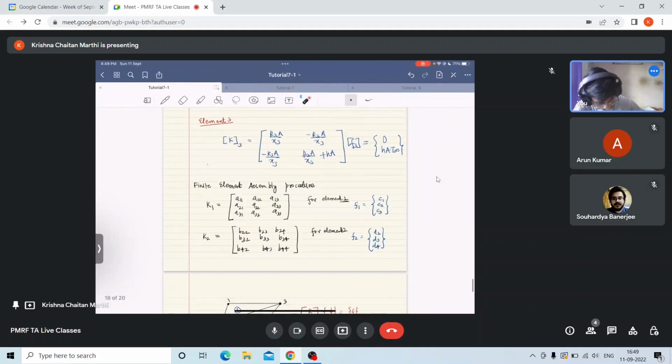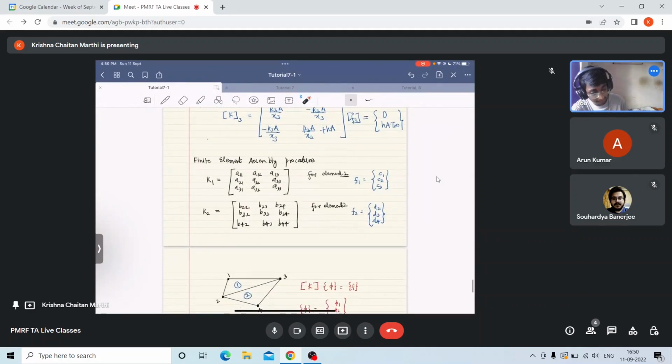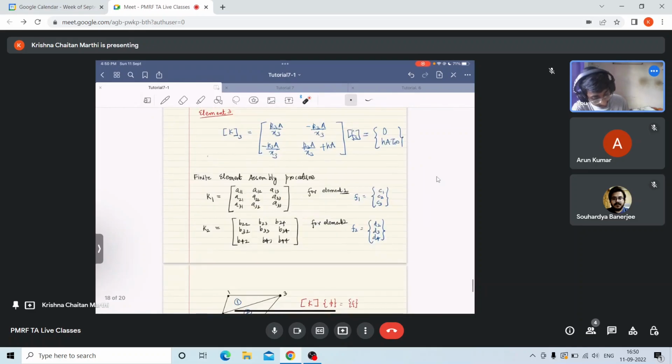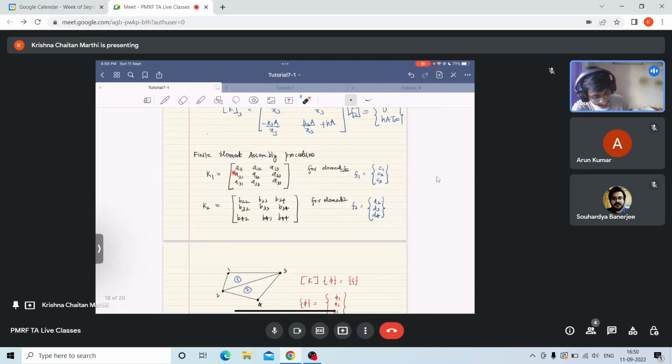So let us say I have an element 1 and the stiffness matrix given, that is this type of matrix, written as A11, A12, A13, A21, A22, A23, A31, A32, A33 for element 1. And let us say the right hand side terms are represented as F1, which is C1, C2 and C3.